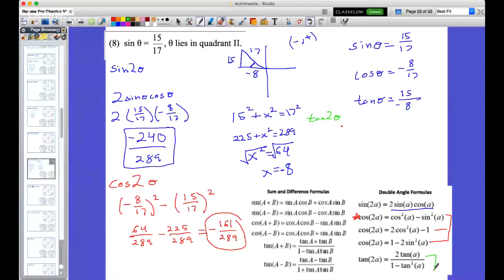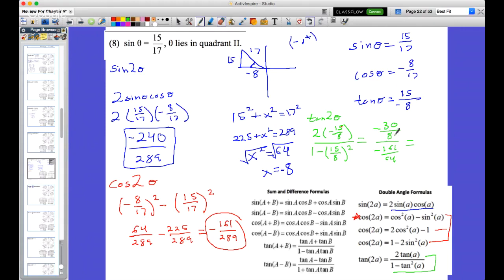So that would be 2 times the tangent, which is negative 15 over 8, and then dividing that by 1 minus 15 over 8 squared. Well, this will just simplify to negative 30 over 8 divided by negative 161 over 64, when you subtract 1 minus 15 over 8 squared.